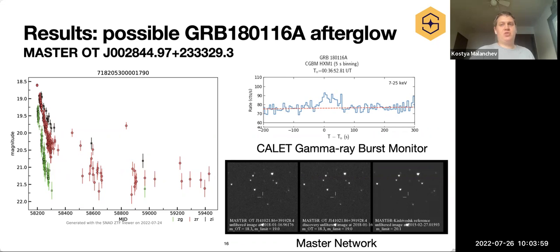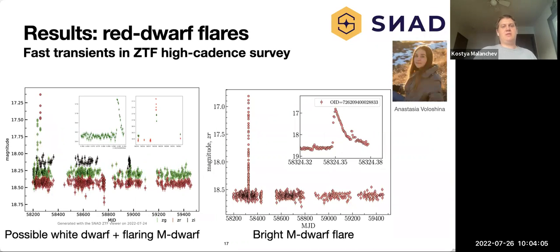So it could potentially be an afterglow, but of course we are not sure about it. Another interesting thing is that we accidentally found a lot of bright M dwarf flares in high cadence data, and we are writing another paper analyzing these M dwarf flare results.